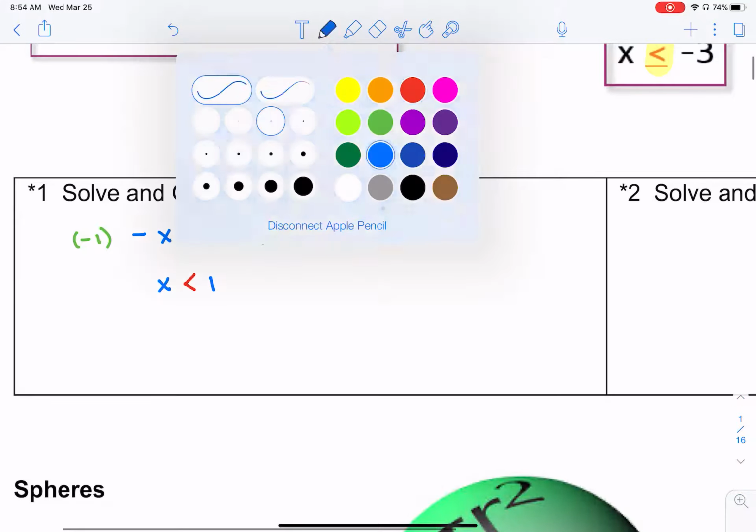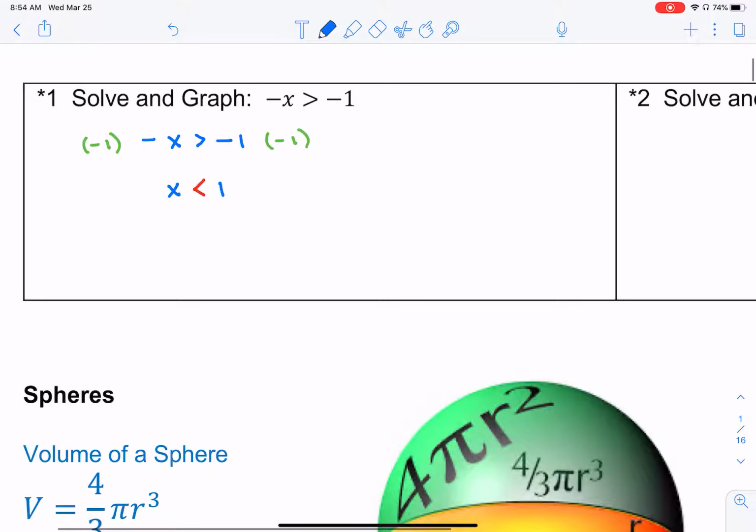Okay, we're going to go ahead and create a graph for this as well. So it's not just this inequality solution, but we also are going to graph it. We can make a pretty simple number line. I want to focus on the number 1 being in the middle. And then I'm going to go just a couple each direction, moving up and down from that 1.